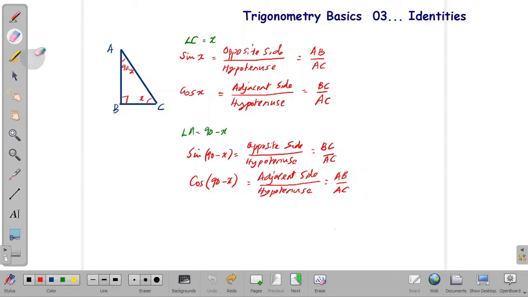Now we see a wonderful thing. See here, this BC by AC is sin 90 minus X, and that is cos X here.